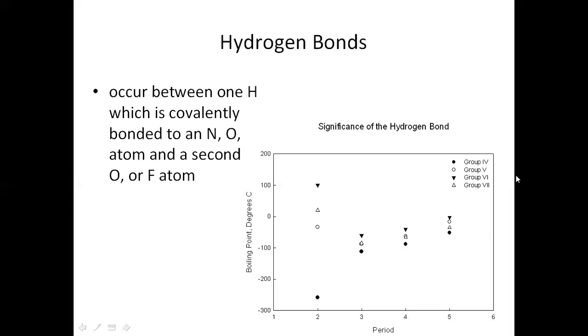In open triangles, the halogens are shown. The boiling point that we would predict for HF, based upon the other halogen boiling points, is very different from the experimentally derived boiling point. In filled triangles are the group 6 elements.